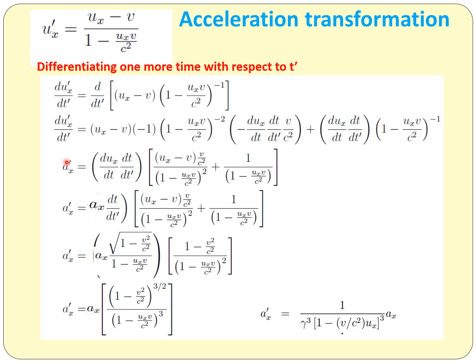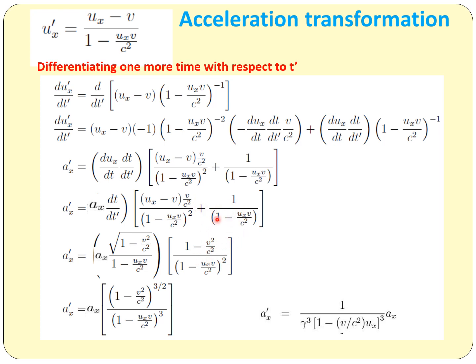And this dux by dt is ax, left hand side is ax prime, and dt by dt prime is here, the remaining term is here. Inside this we can take the LCM of this, 1 minus ux b by c square whole square, and this will give us (ux minus b) into b by c square, plus 1.